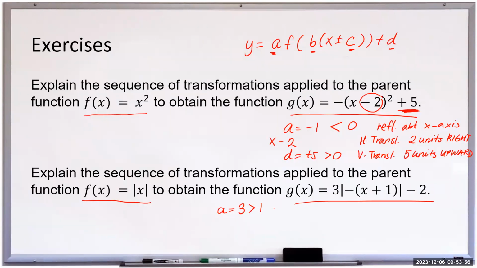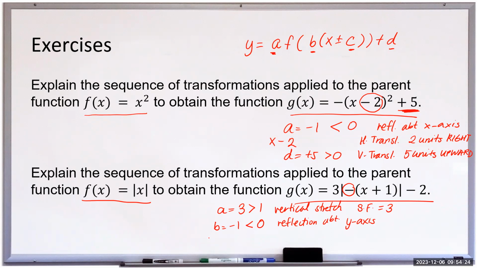The scale factor is equal to 3. What else do we have? We have here a b, which is negative 1. Ito siya. b is a negative number. Therefore, we have a reflection about the y-axis.